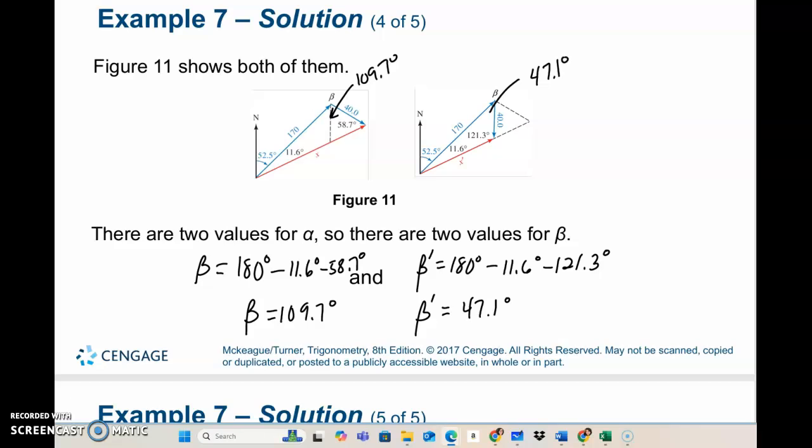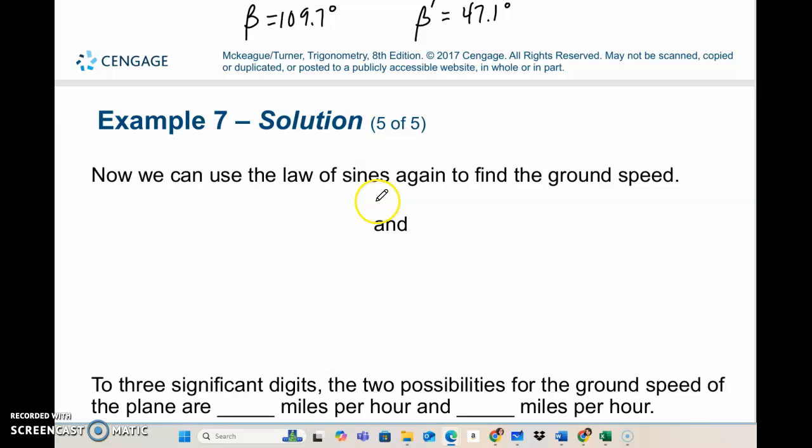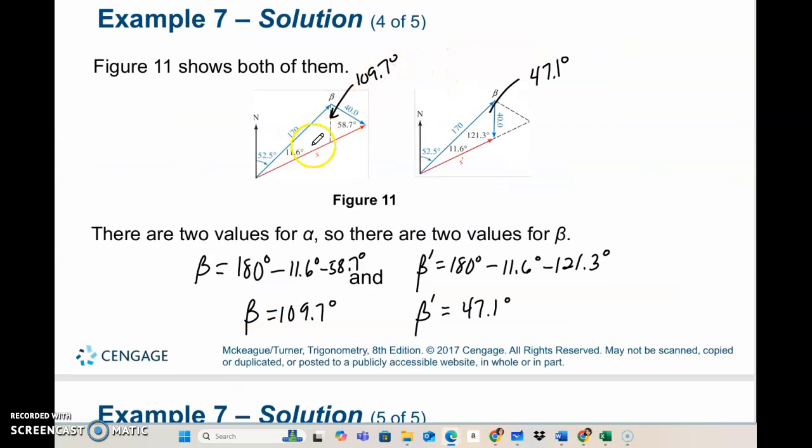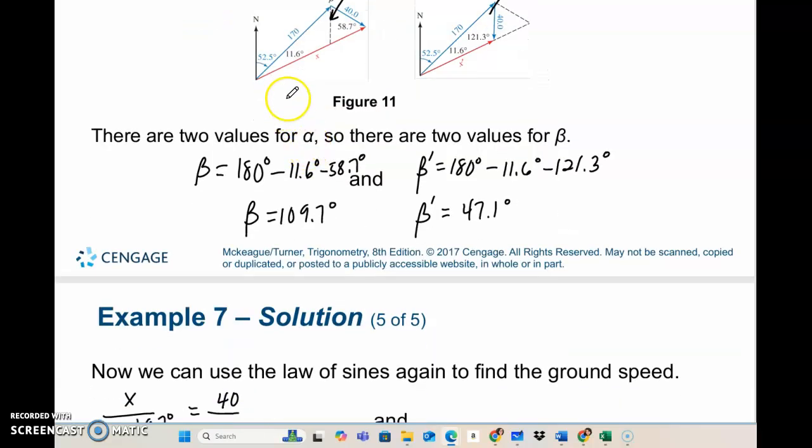And now we're missing this red resultant vector, because the question had said to find the ground speed, and that resultant vector is the ground speed. So using the law of sines, I'll write it like this because I'm looking for the side. I want to use the angle that is across, so the 11.6 and the 40.